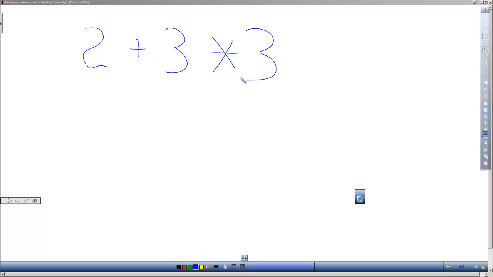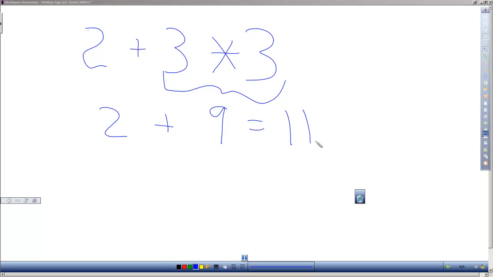Now, if you've not been in a math class in a long time, you may not remember the way you do things, and you might say, well, that's 15 because you add the 2 and the 3 together and that gives you 5, and you multiply it by 3, that gives you 15. But that wouldn't be right, because the rules for doing multiplication, division, addition, and subtraction in math is that you always do the multiplication first. So we would get the 9, so it would be 2 plus 9 and give us 11.